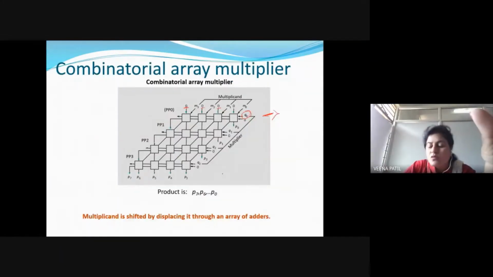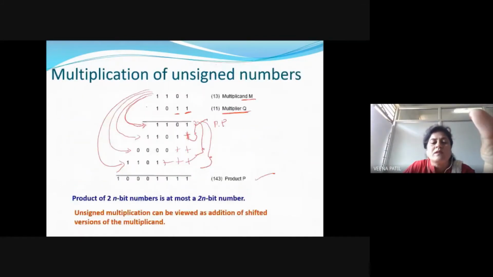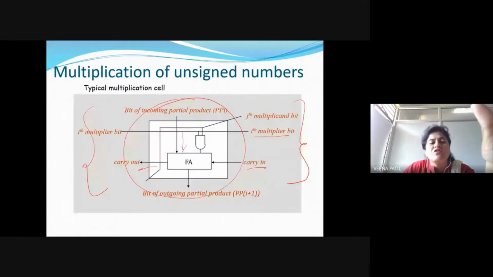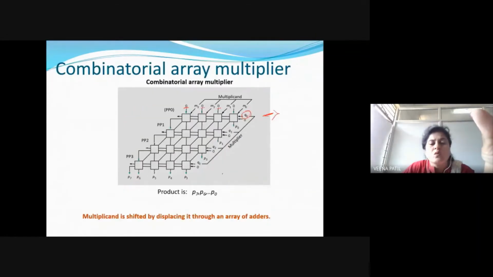Okay. So the same circuit, if you can see here, is going to be constructed for each bit like this. So to get each bit, I need one such multiplication cell. Okay. So if there are 4 bits, then for each partial product, I need 4 such multiplication cells.